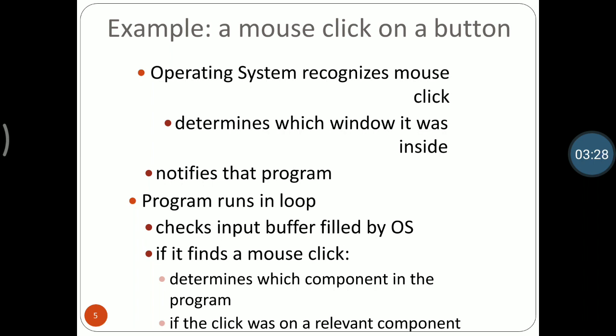That program will run in a loop, which means it will check on which component the mouse click event occurred. If it occurred in a relevant component, then it will respond accordingly. Simply put, if you have clicked on any button, it will respond with its event. But if you have clicked into a free space, not on any component, then it will look for another mouse click event.